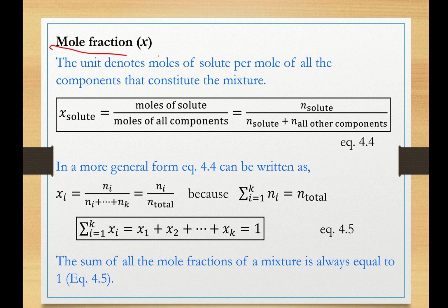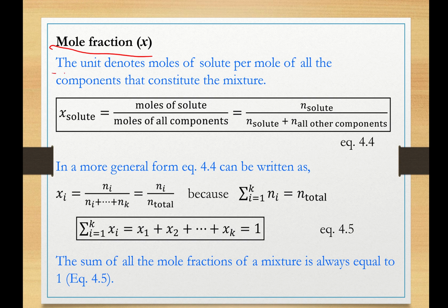Now, mole fraction. This is a common unit for chemistry. It's not used so much in pharmaceutical sciences. However, when you study physical pharmacy, especially colligative properties, you may use that one. Raoult's law, Dalton's law, it's always there.